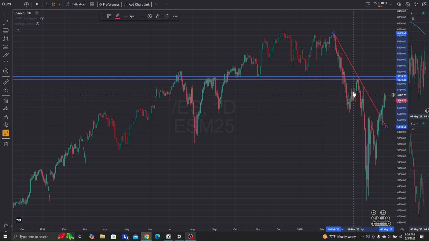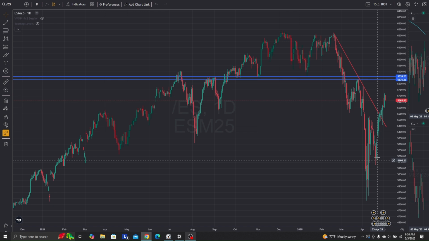On the way down, the market touched these levels, so we had a downtrend here. The market bottomed here, made a higher low, and then we broke out of the downtrend here. So the market was no longer in a downtrend, and we reported about that last week. And since then, we have retested the downtrend line and continued on up.